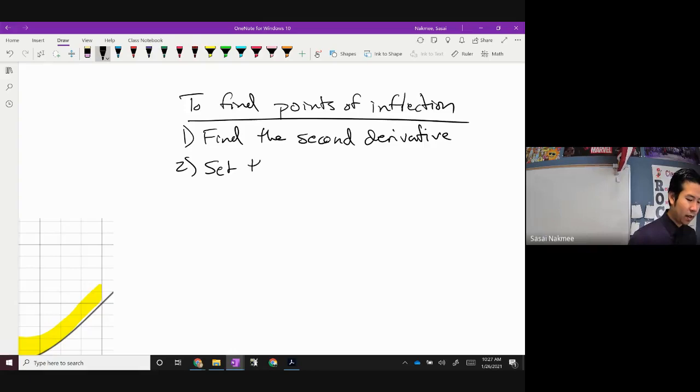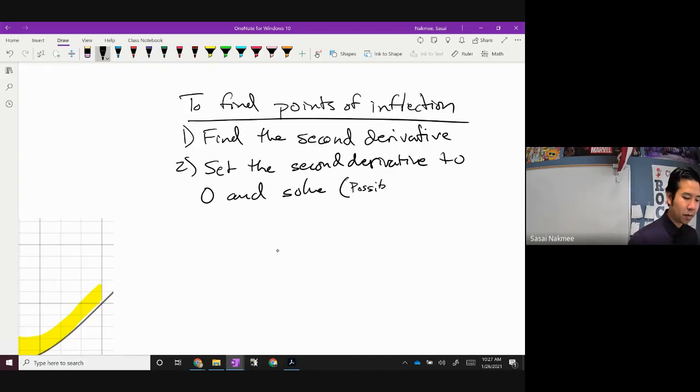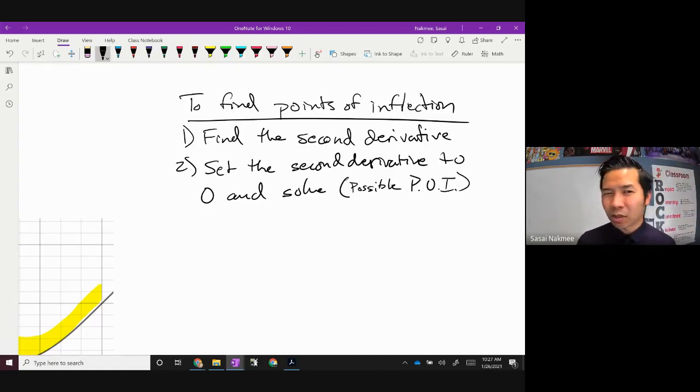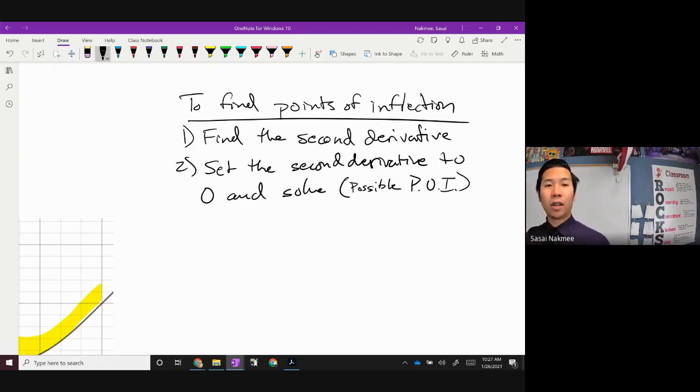Step 2, set the second derivative to 0 and solve. This will help you find possible points of inflection. They're not guaranteed. For the first derivative test, when you set it equal to 0 and solve, those are called critical points.